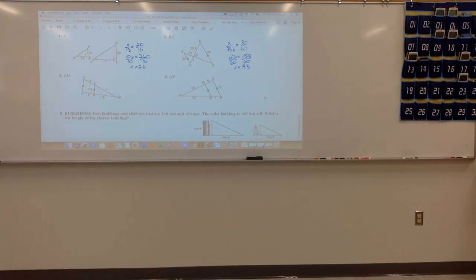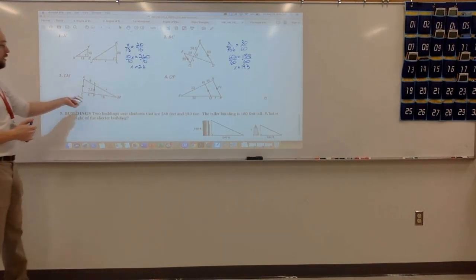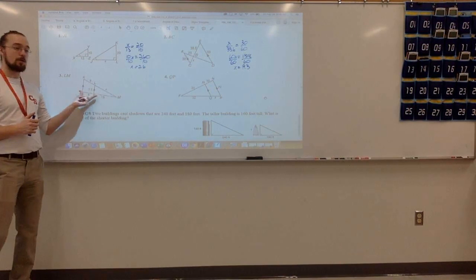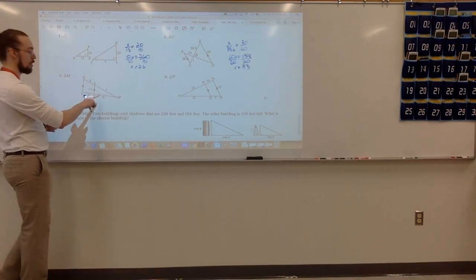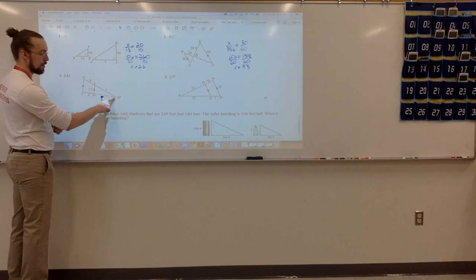Alright. Let's take a look at number 3 together. We talked about an example like this yesterday where we have a triangle inside of a triangle. Whenever we have a situation like that, we want to draw the 2 triangles separately. My little triangle is LPM.